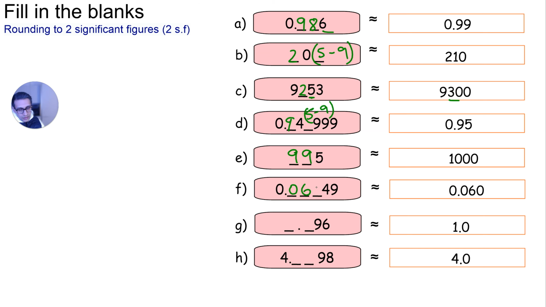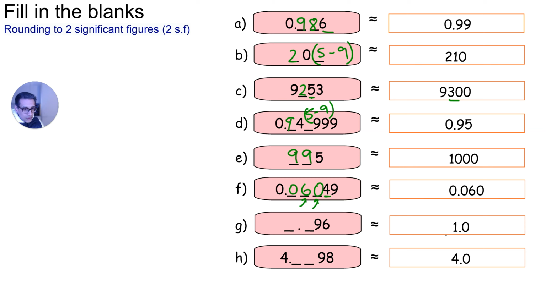So we know that this is going to have to be a 0. That's going to be our answer, because this would be our first significant figure, this would be our second significant figure, and the decider means that we're not changing that 0.